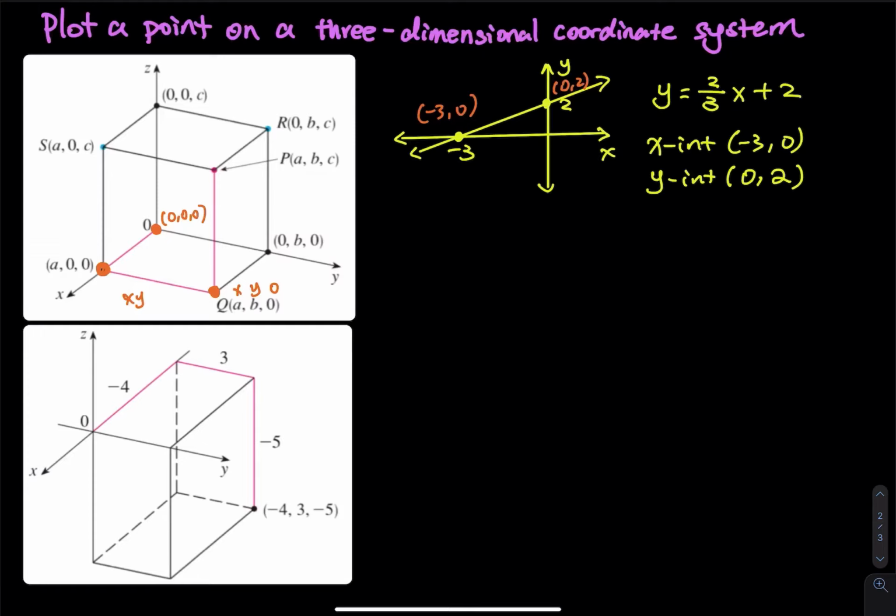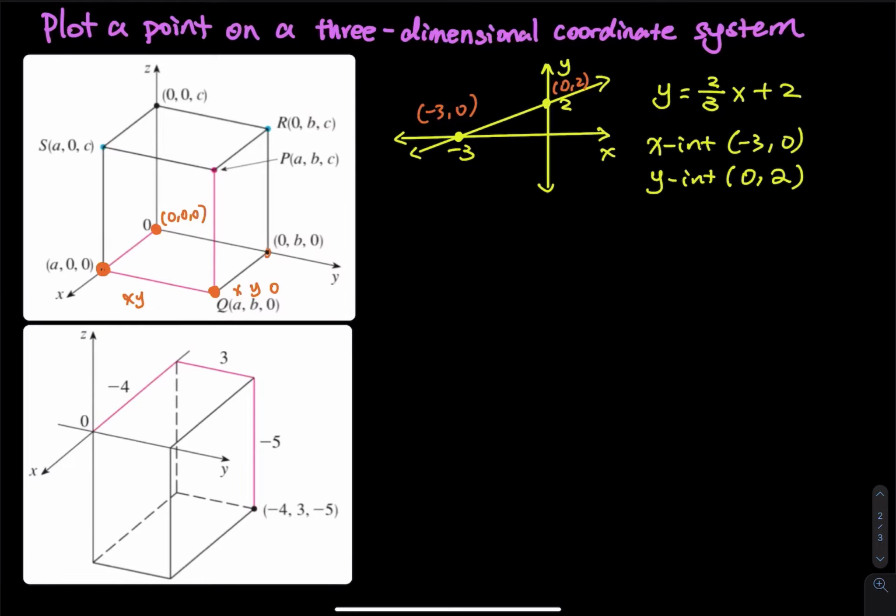On the xy plane, z is equal to 0 because the point is not lifted up. You didn't pick up the point, just like the 2 points I have in my yellow picture. The negative 3, 0 and the 0, 2, this is two-dimensional, so z is equal to 0. You didn't lift up those 2 points, right? So that will be point Q.